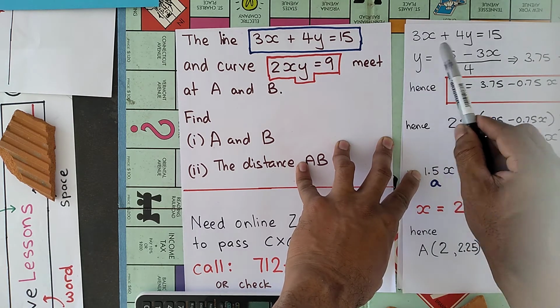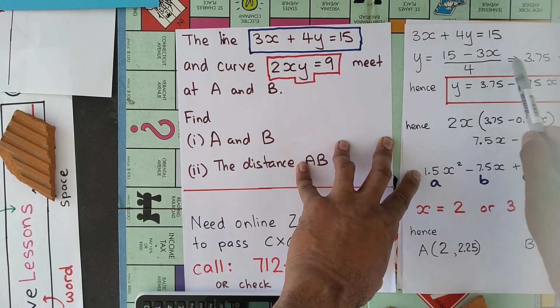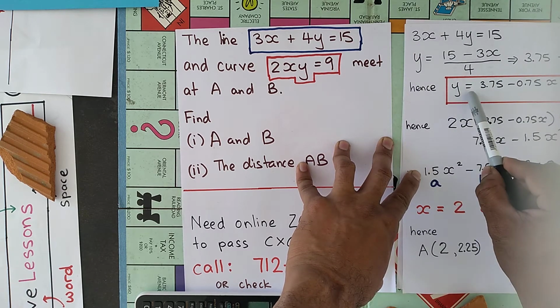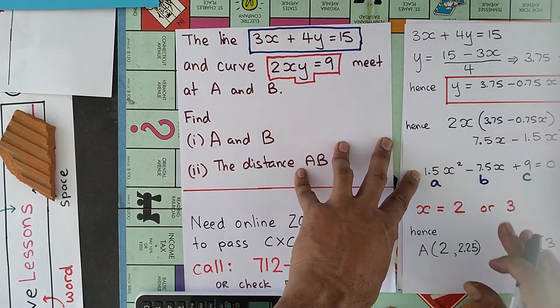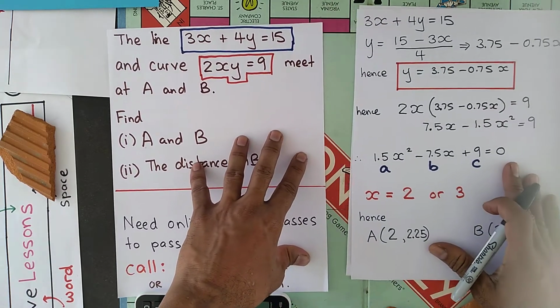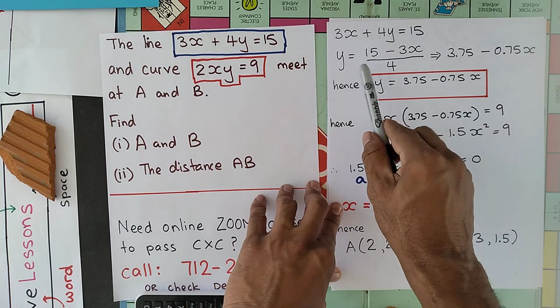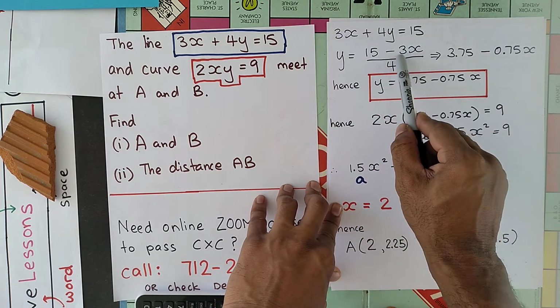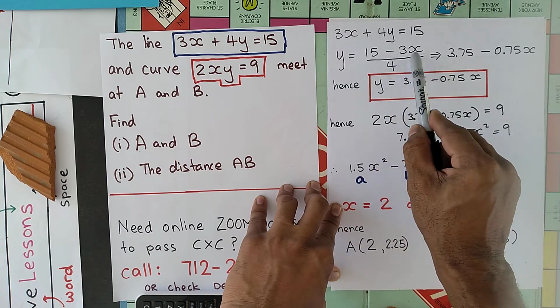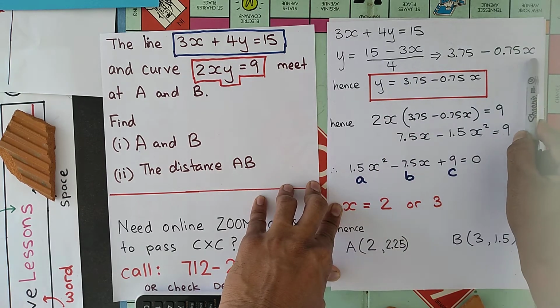So when we make y the subject and we simplify it, we get y is equal to 3.75 minus 0.75x. Okay, so I just need to pull this around here. Sorry about that. So what I just simply did was make who the subject? Y. I threw across positive 3x to get minus 3x, and I divided everyone by the 4 and we simplified it.